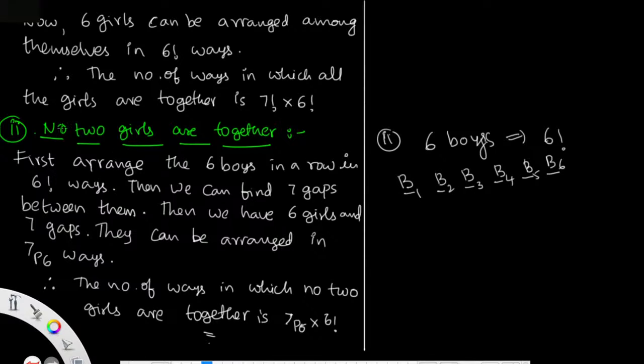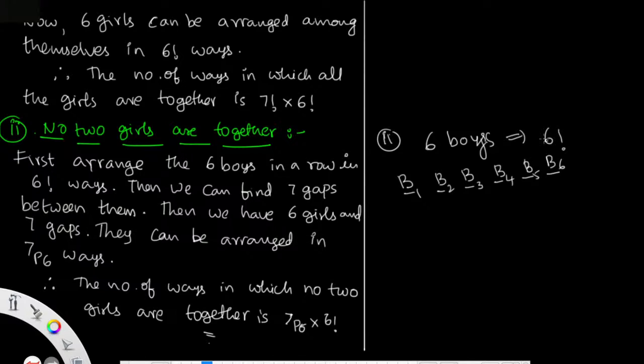Why? Because no two girls are together. So first arrange the boys row-wise. 6 boys are there, so they can be arranged in 6 factorial ways, and the number of arrangements will be different for each order.